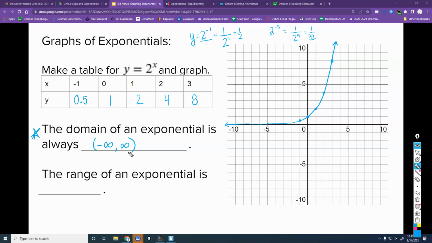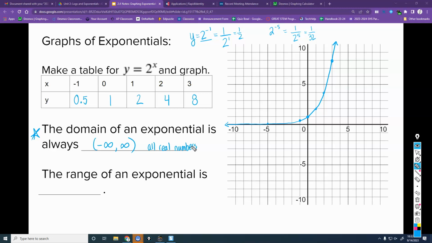Any exponential you're going to see in this class is going to have a domain of negative infinity to positive infinity. Or you may see it as all real numbers. So if it's written out, it would be called all real numbers. Okay? This is always the case. You might want to write that down. Domain, exponential, always going to be negative infinity to infinity.